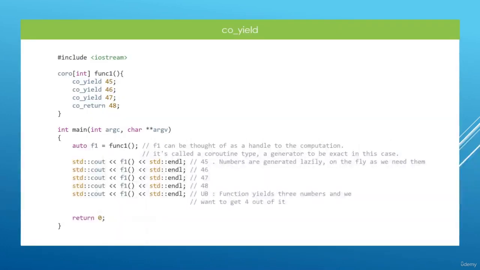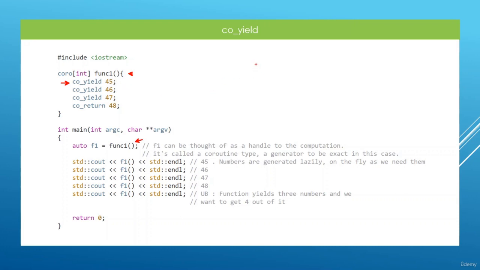Now, let's look at a few examples of how we can use these keywords. Here we're going to look at co_yield, and we have seen that co_yield is going to pause execution and return a value. Here we have func1, which has a bunch of co_yield statements inside. So when you call this function like we do in the main function here, you are going to start executing it. And when you hit the first statement here, we are going to pause execution.